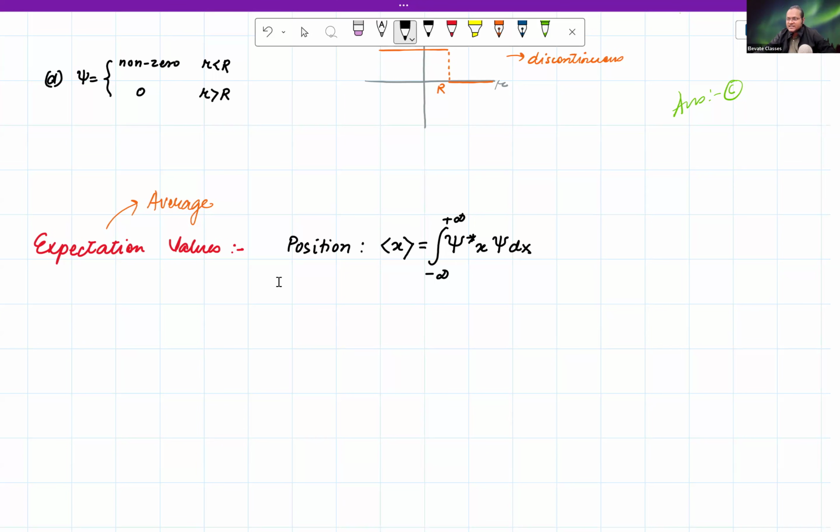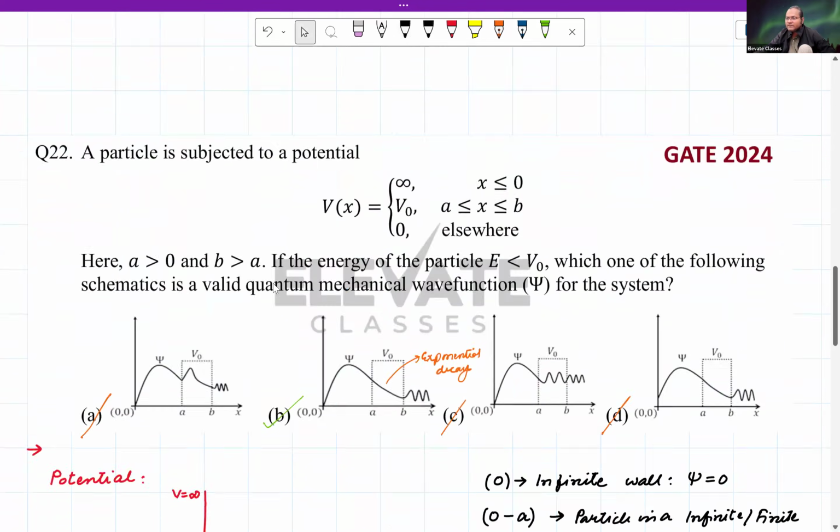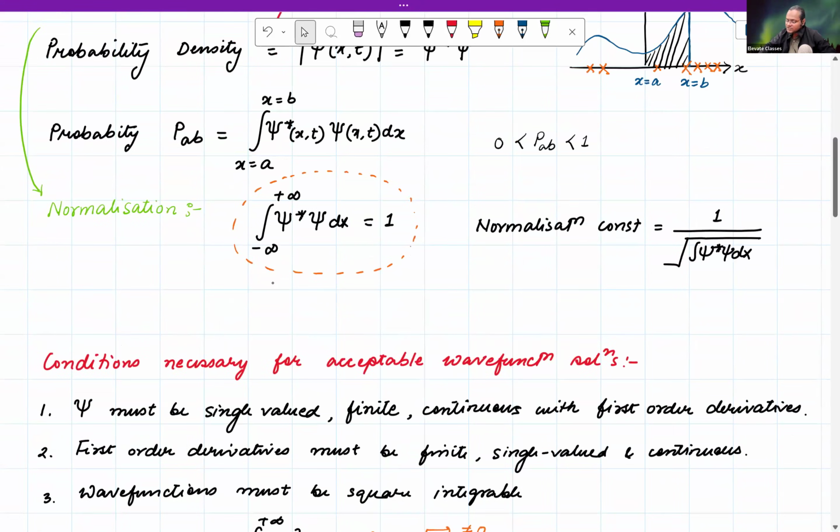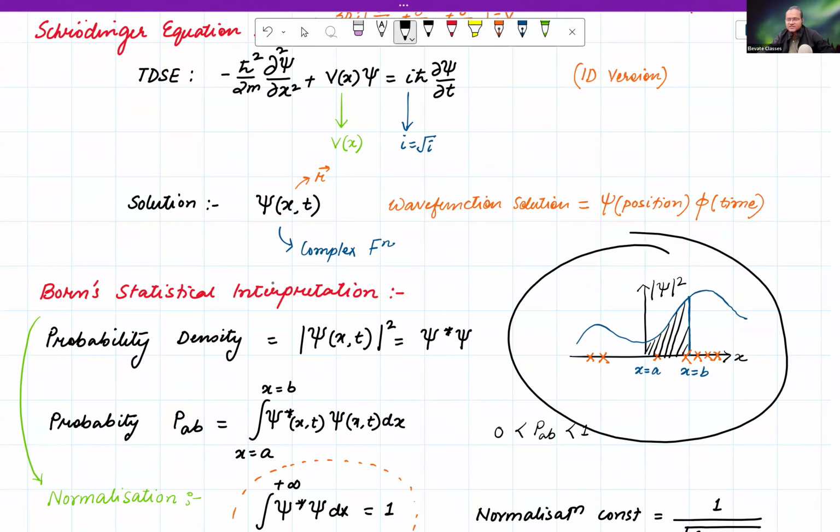So that means, as I told you in the beginning, if I make a measurement of a particle's position in a given quantum mechanical system, it might be somewhere here in one measurement. If I make another measurement, it is somewhere here.